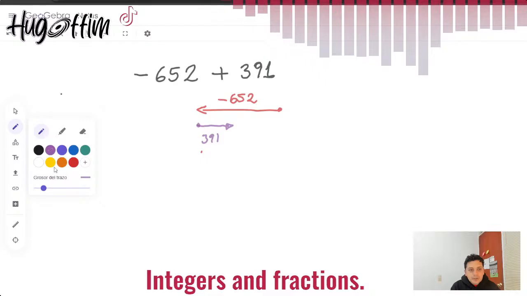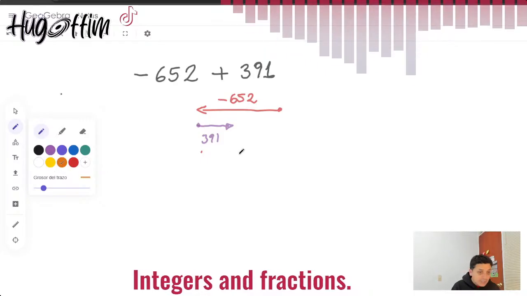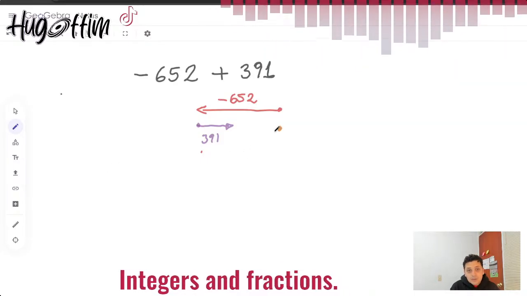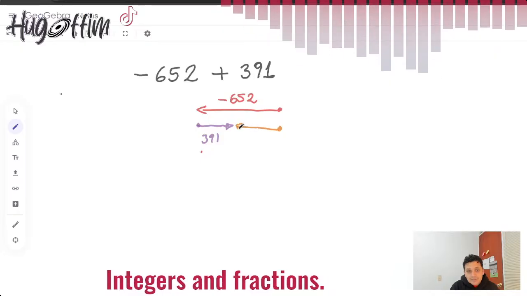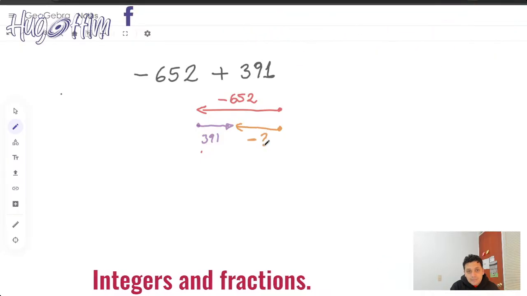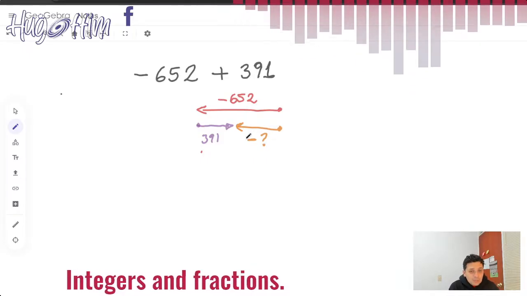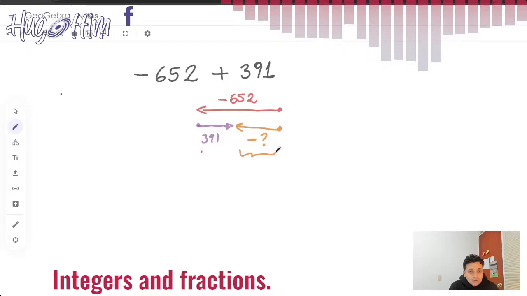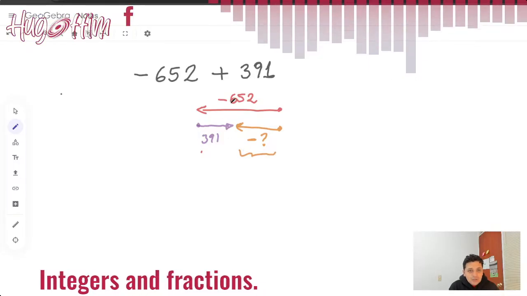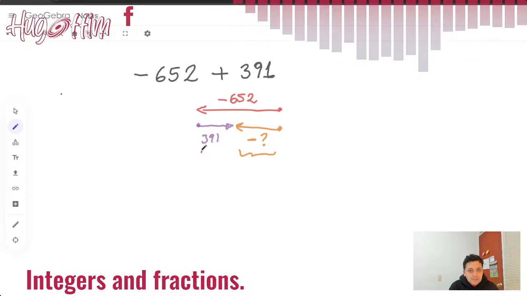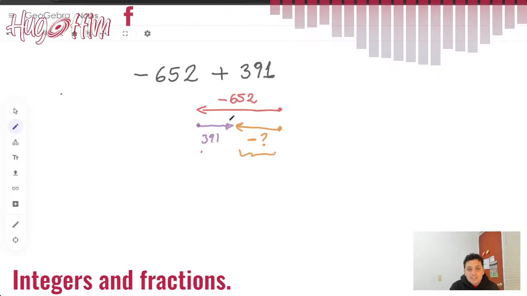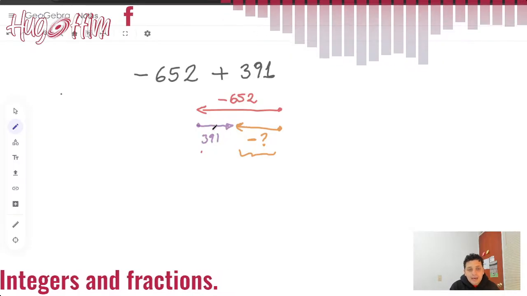And the number that I need to find in this case is going to be negative. It's going to be the number that goes here, which essentially is just the subtraction of 652 and 391.